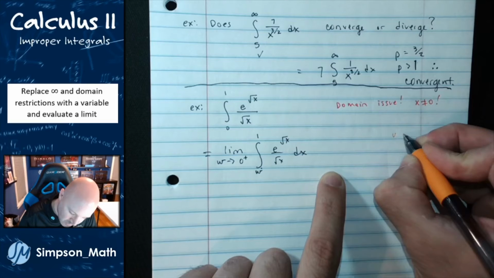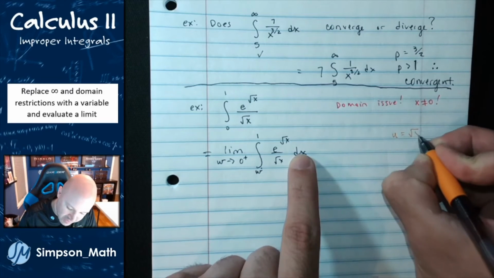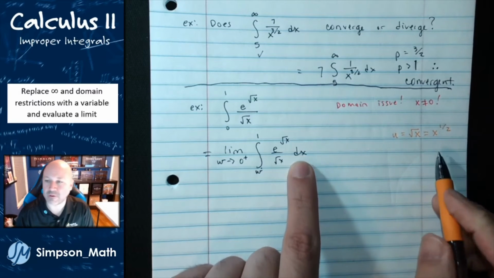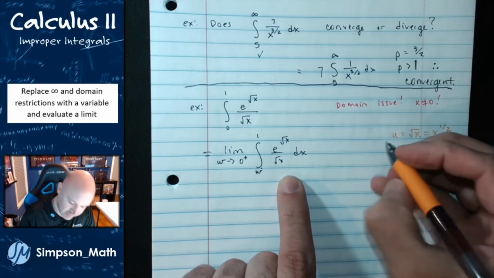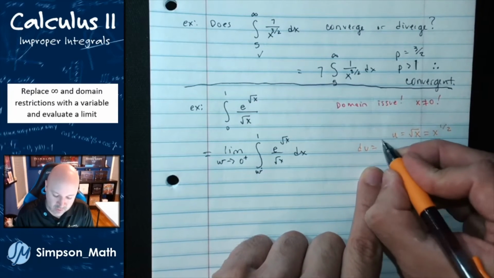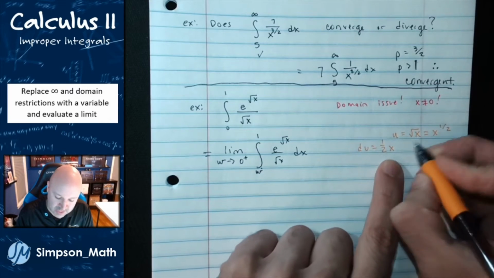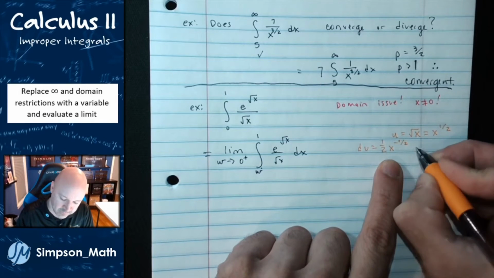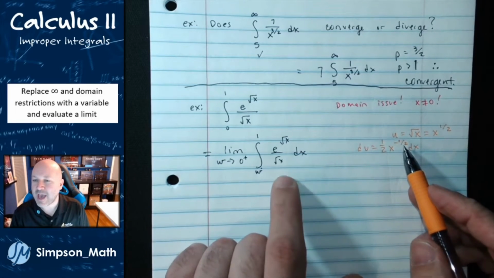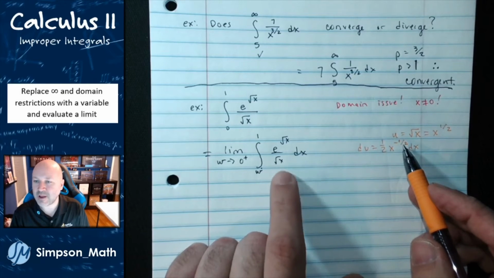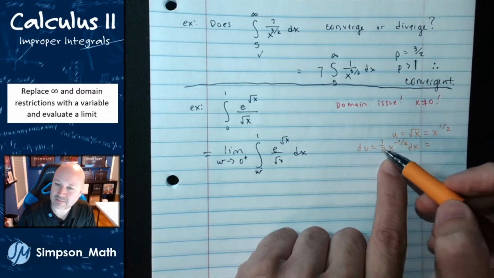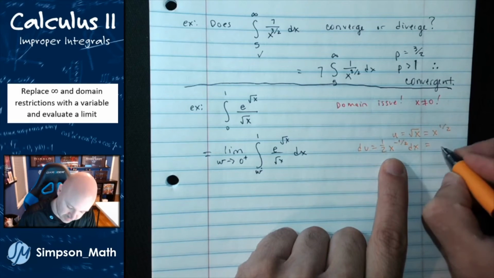If I let u equal the square root of x, which is the same thing as x to the 1/2 power, then du, just applying the power rule, I'm going to bring down the power of 1/2, rewrite my base, subtract 1 from that power, and I'm going to kick it down into the denominator and rewrite it as a square root, just to help me see what's going on, make it look like my function.